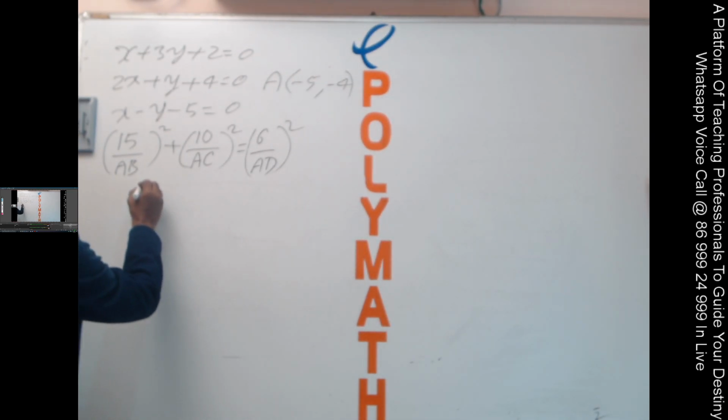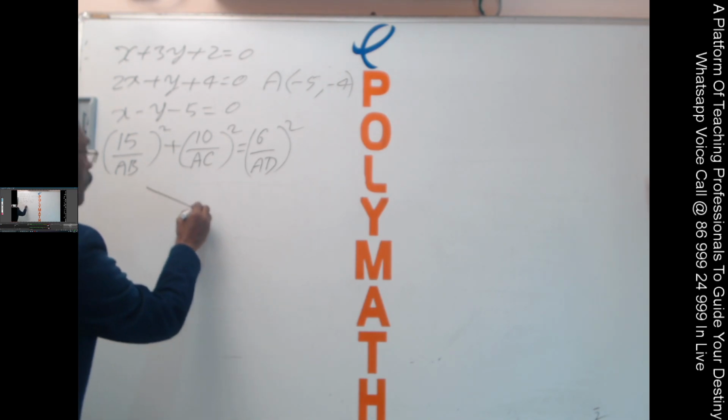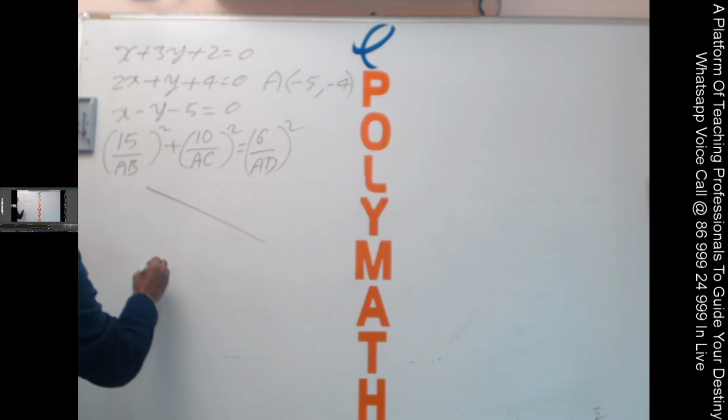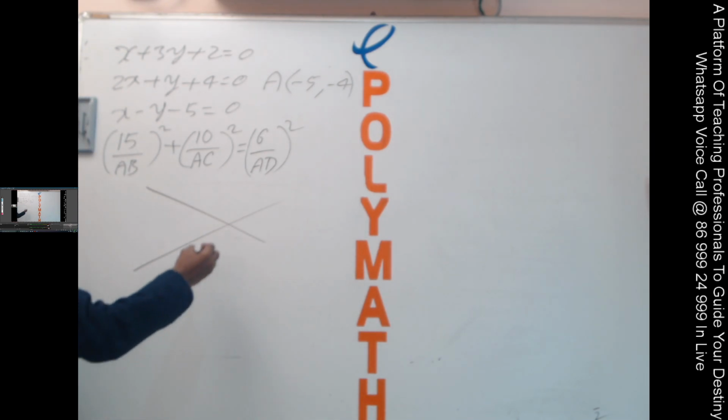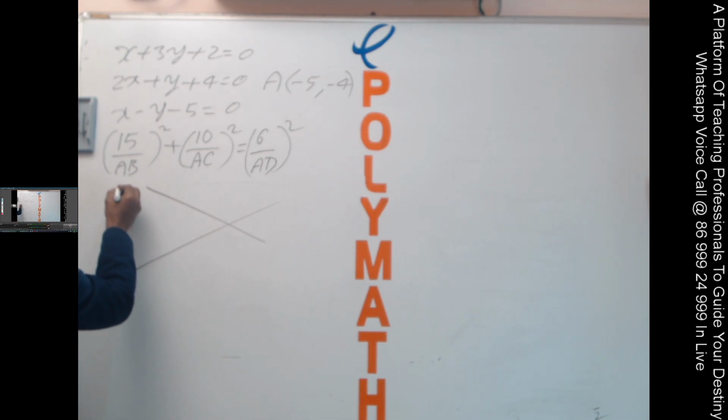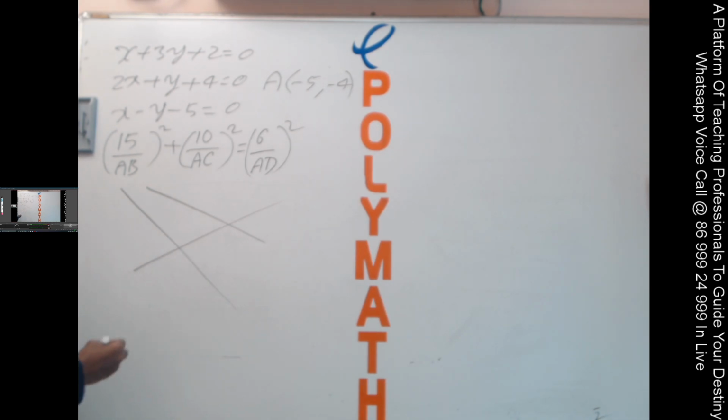These are the three lines given. Let me say this is one line, this is another line, this is one more line. Approximately I have taken, not exactly. Now, are they parallel lines?